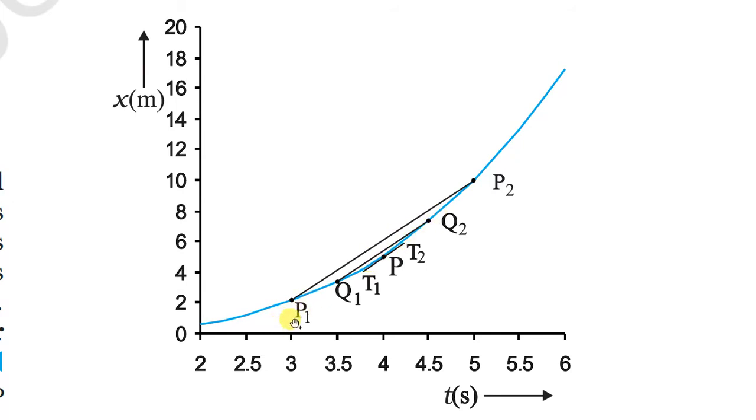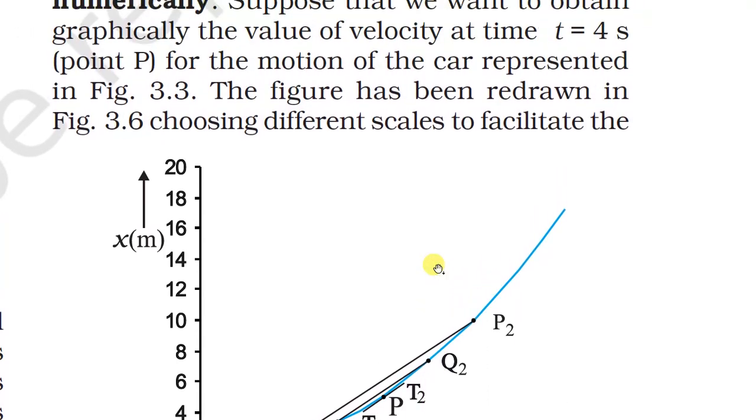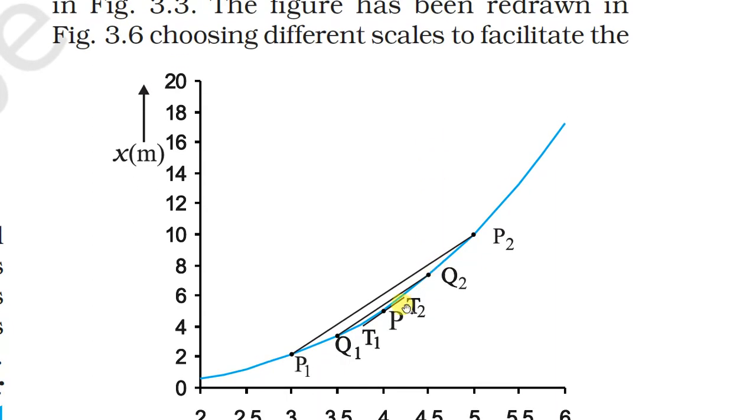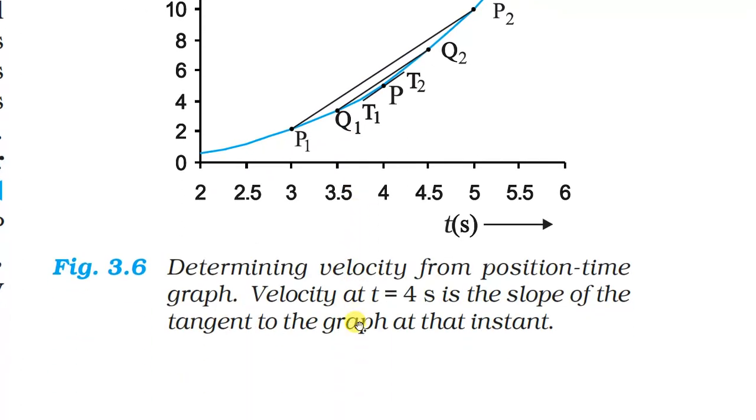Here there are P1, P2, Q1, Q2, and we need to determine the velocity at point P. We have P1, P2, Q1, Q2, t1, t2, so there are different phenomena, but we are discussing a particular point P, how much velocity there is at that point. At t equals 4 seconds, where our car's position is, we will discuss in this phenomenon.